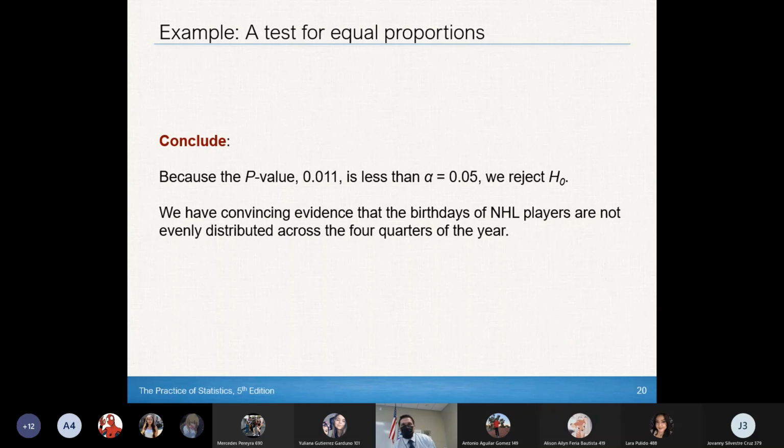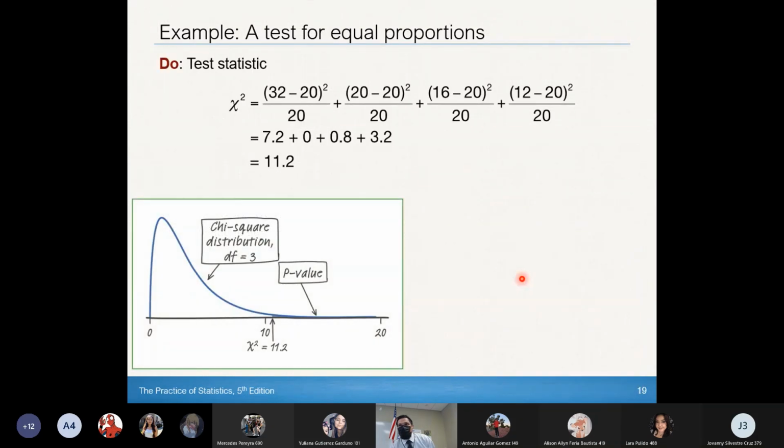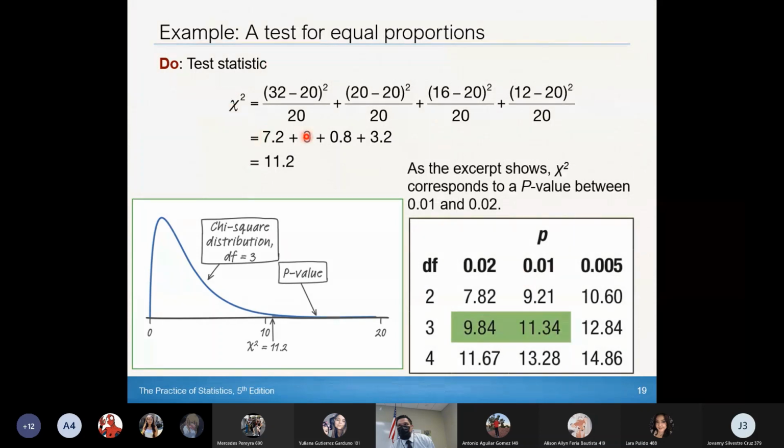Let's go back here. So we have 1, 2, 3, and 4 categories, right? We broke the year down into quarters. So they had January through March as 1 quarter, which is 1 category, April through June, July through August, and so on, to make up the 4 quarters.